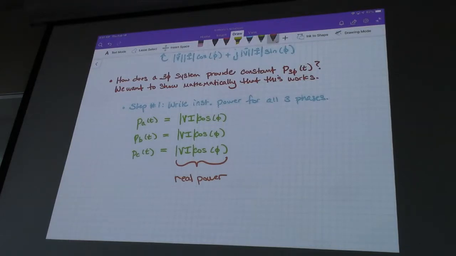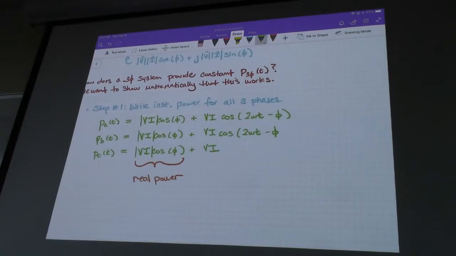Now, they all also have a second term, which is going to have a cosine element. So it's going to be 2 omega t minus phi. That's for phase A. For phase B, it's going to be the same thing, except what? Shifted by, no, not shifted by 120 degrees, right?